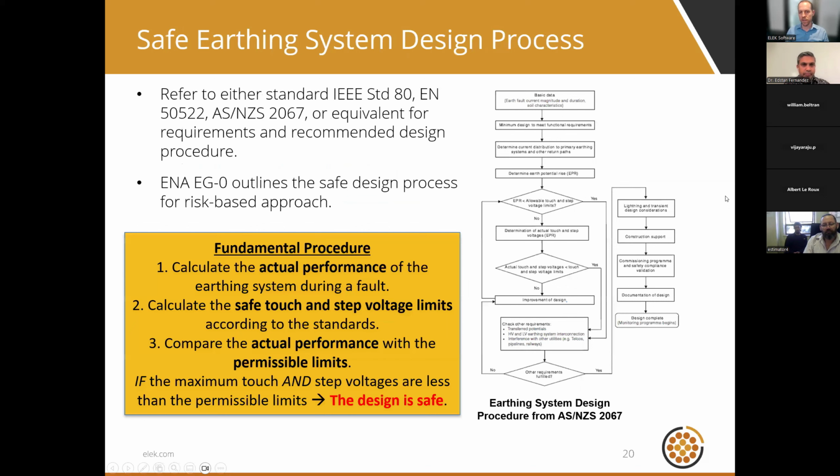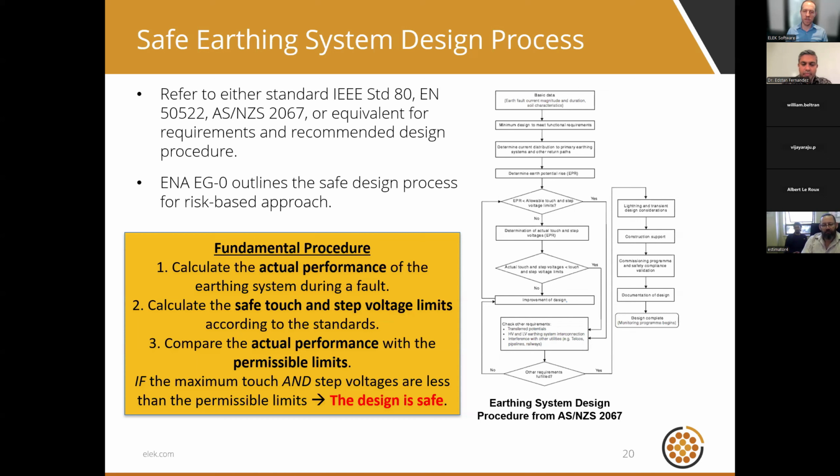The safe earthing design process is defined in the standards, and it's more or less straightforward and makes sense. The very first step is to collect some basic data, such as earth fault current level, earth fault clearing times, and soil characteristics. That means taking soil measurements.